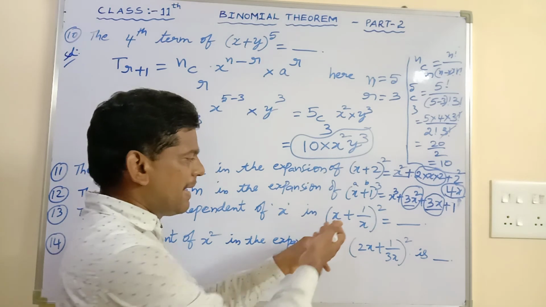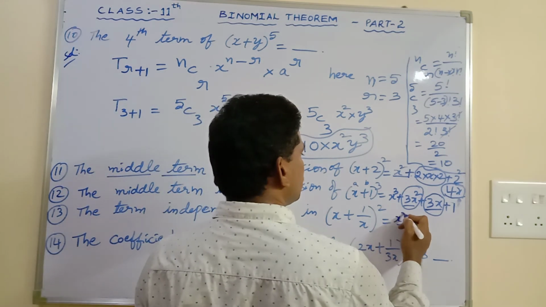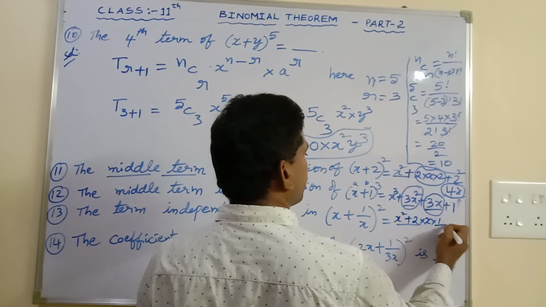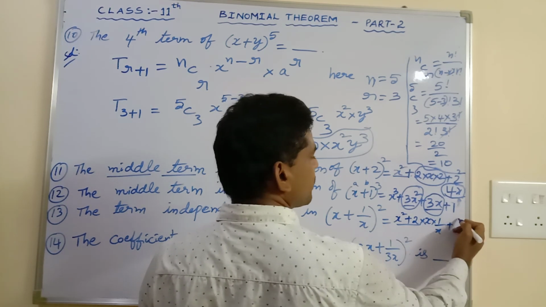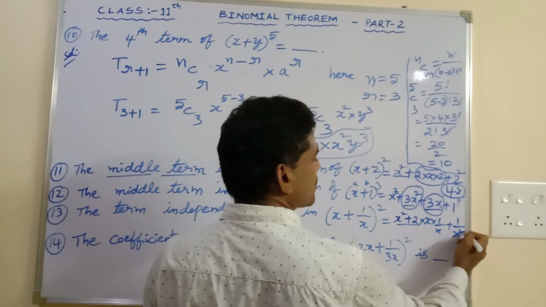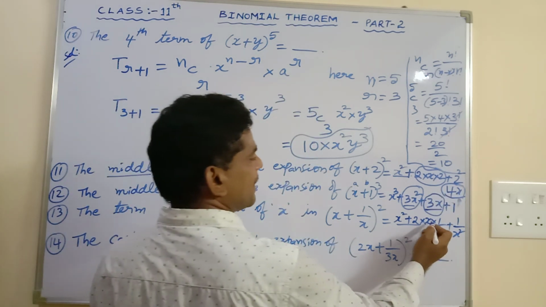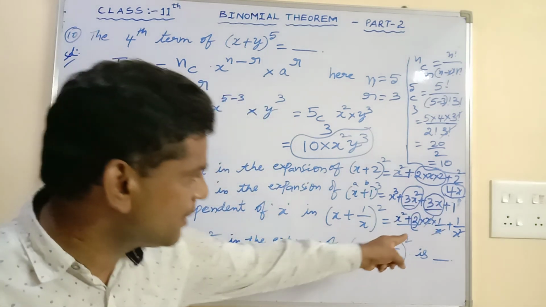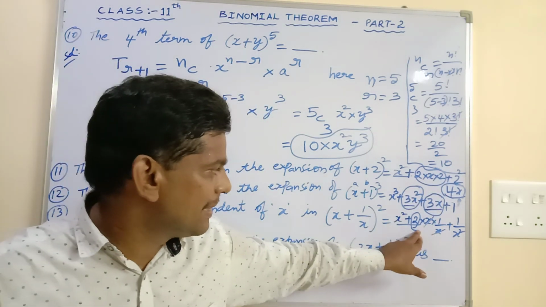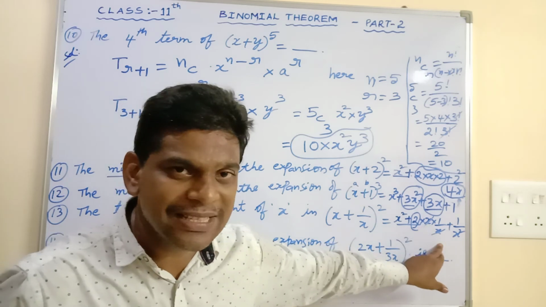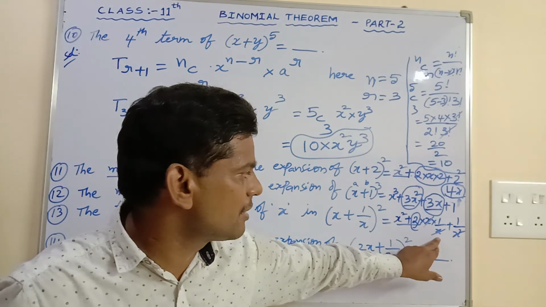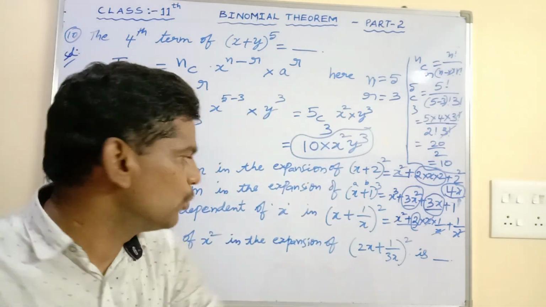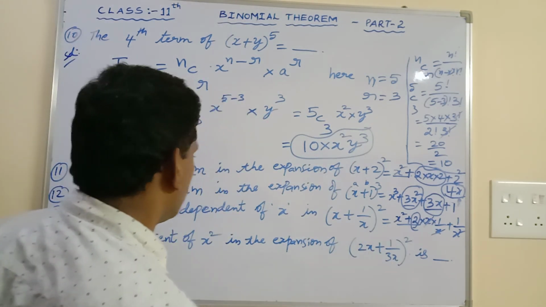So first of all, expand this: a square plus 2ab plus b square. b square is (1 by x) whole square, that is 1 square by x square. In the middle term, x will be cancelled, so there is only 2. There is no x in the middle term. x and its reciprocal both will be cancelled. So the independent term is 2. 2 is the answer. Right.